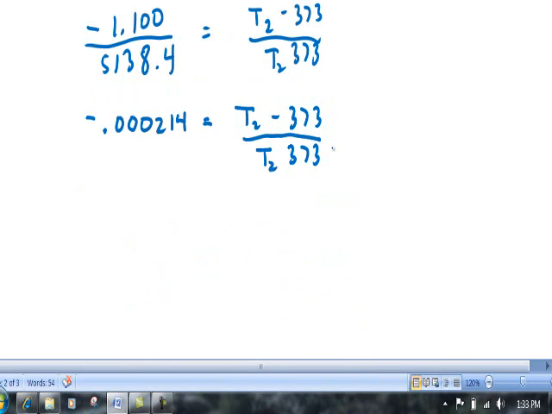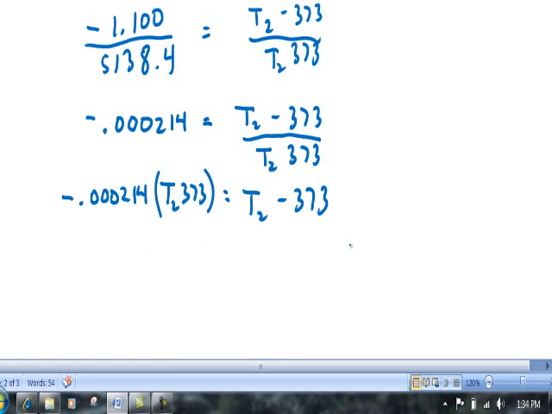That brings us to negative 0.00214 as T2 minus 373 divided by T2 times 373. Let's multiply both sides by T2 times 373 as we continue to try to isolate the T2 expression.